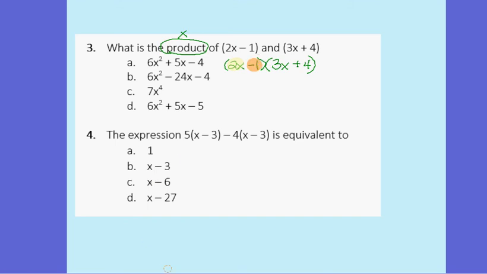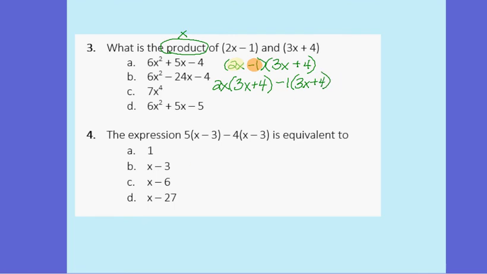I am told I must break apart my first polynomial into pieces. So I have 2x that multiplies with 3x plus 4. And then I have my second piece, negative 1, which has to multiply with 3x plus 4.